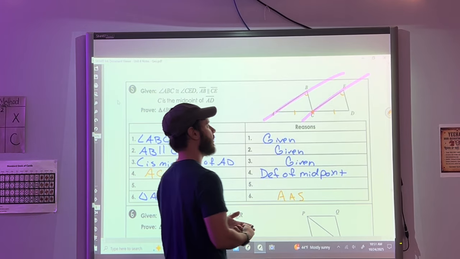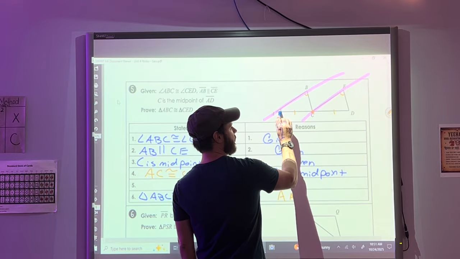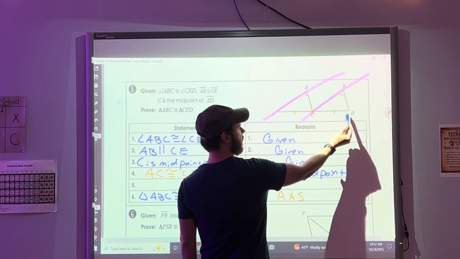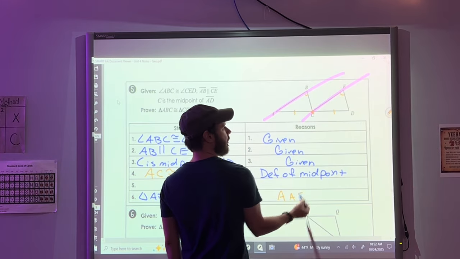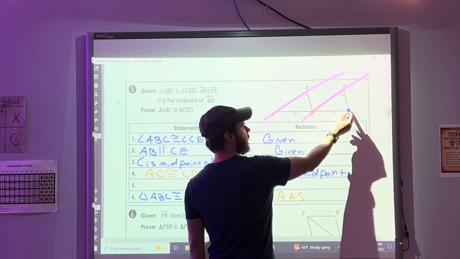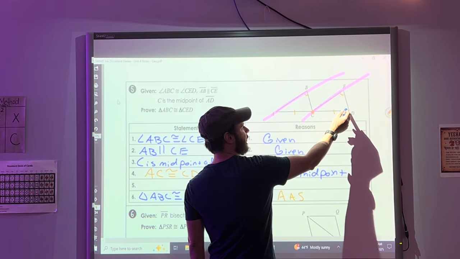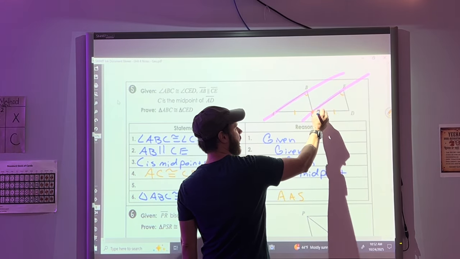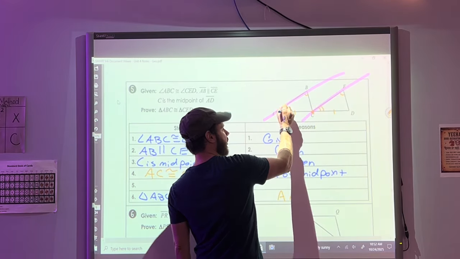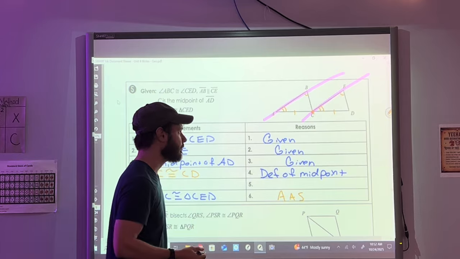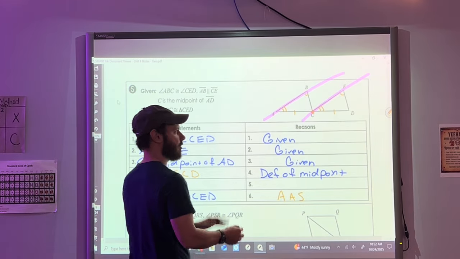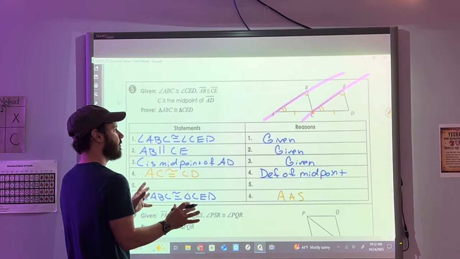So I only have two choices. Either I'm going to use this angle, and it's going to match that one, or I'm going to use this one, and it's going to match that one. The second plan is a terrible plan, because the perpendicular line doesn't touch this angle over here. The perpendicular line touches this angle right there, and it also touches that one there. So now I can see that I have angle to side. Okay, so that works. That's gonna be my thing.